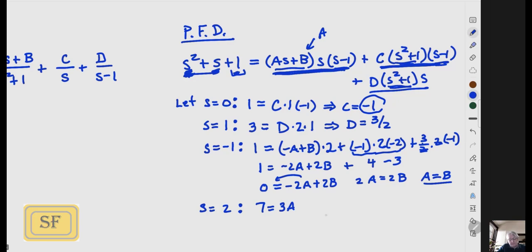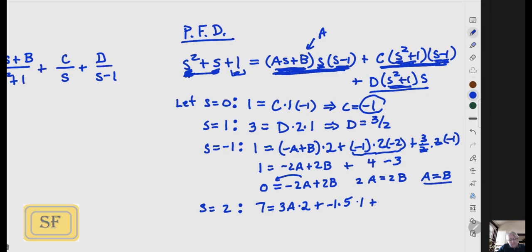And then S is 2. So 2 squared plus 1 is 4 plus 1 is 5. And then 2 take away 1 is 1. Plus D. D is 3 halves. Times S squared plus 1. 2 squared plus 1 again is 5. And then S is 2. So from that last term, you can cancel those 2's.